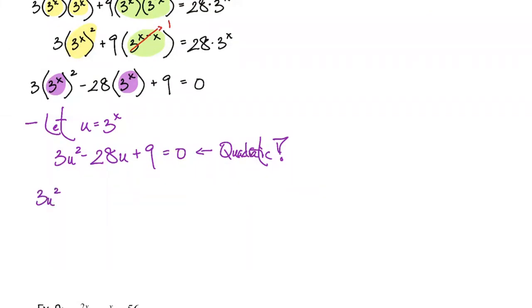Grouping basically means I keep the first term and the last term, but I split up the middle term in a very clever way. So I'm going to leave some room for myself. 3u squared plus 9 equals 0. And what I want to do is try and split negative 28u into something that has a factor of 3 in it and something that has a factor of 9 in it.